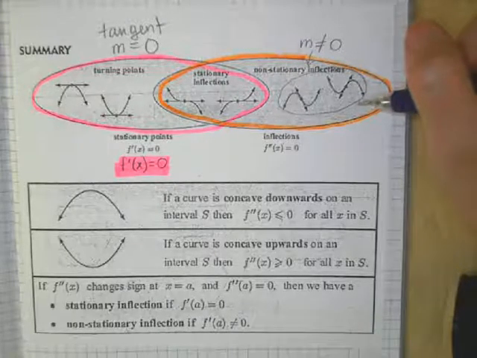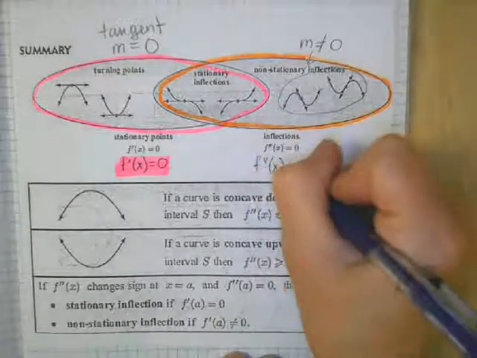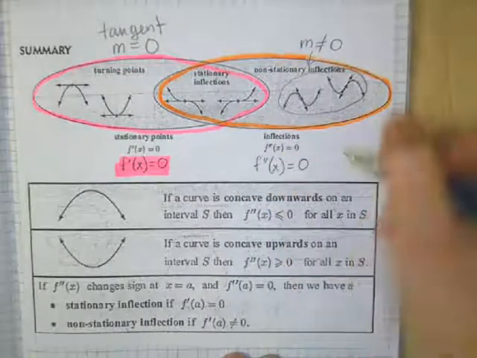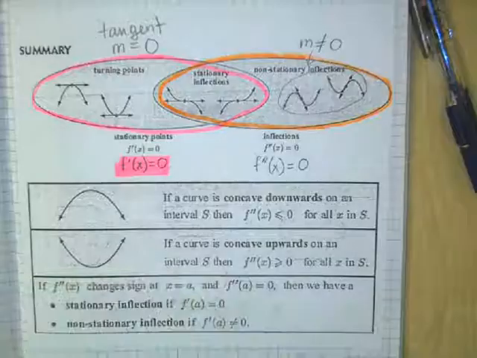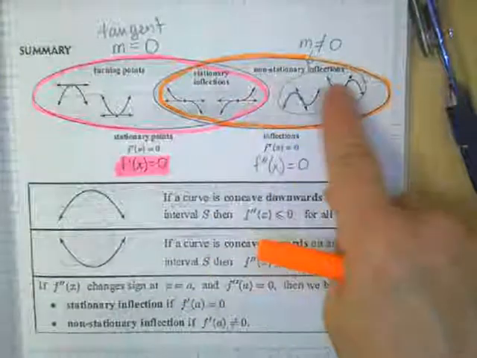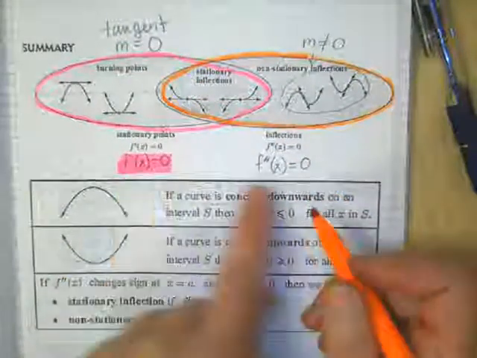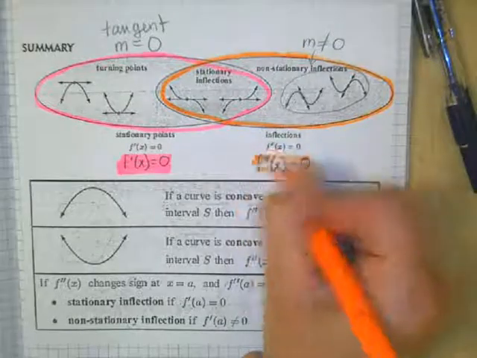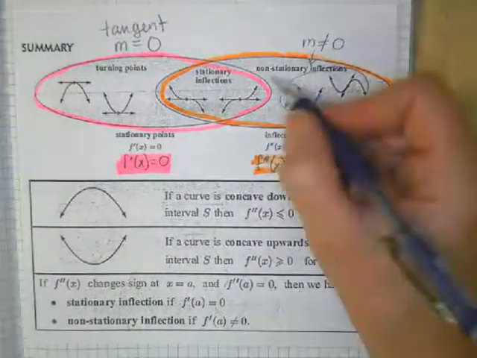Okay, so when you set the second derivative equal to 0 and find those x points, you're going to get either a stationary inflection point or a non-stationary inflection. You get a stationary inflection if both the first and the second derivative are equal to 0. And you get these non-stationary inflections. Notice non-stationary means it's still moving.